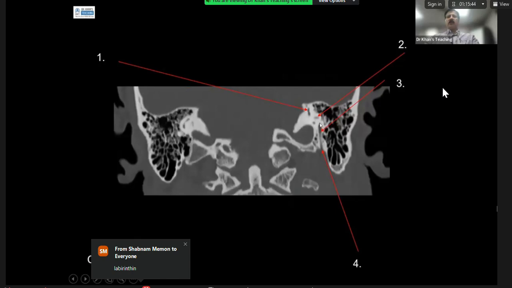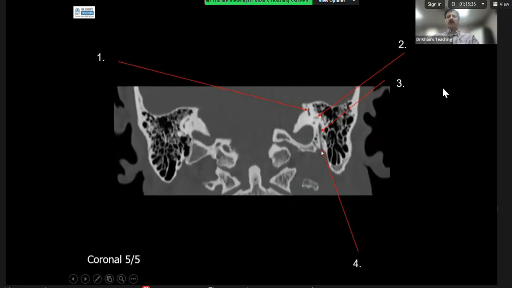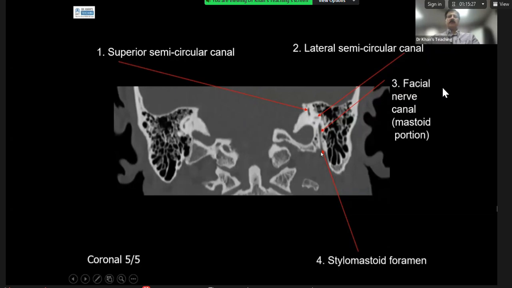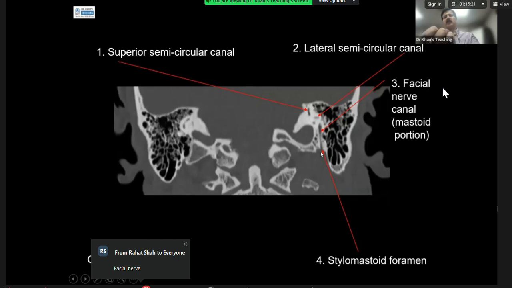And then you can see that something is going inferiorly. And then this thing here, number 4. Yeah, very good. So these are excellent.